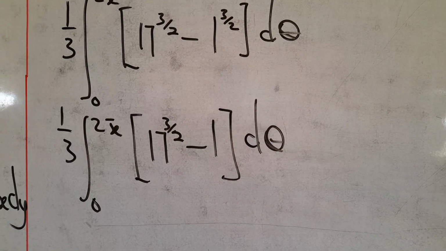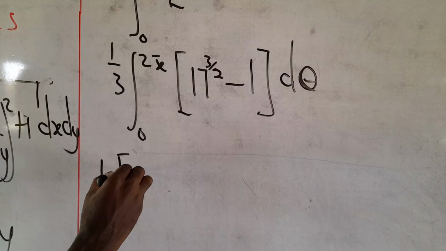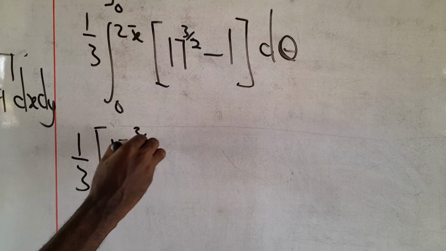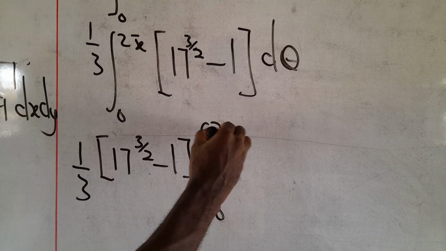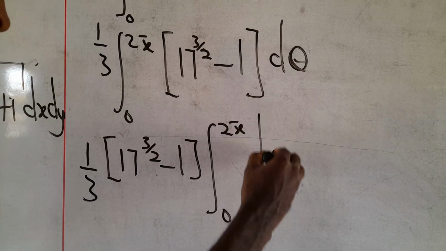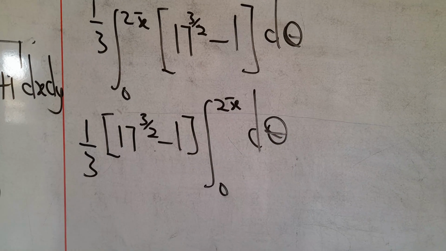Since this is constant, I can bring it out. I'll have 1 over 3 times 17 exponent 3 over 2 minus 1, integral spanning from 0 to 2 pi d theta. If I integrate this with respect to theta, it will just be theta.